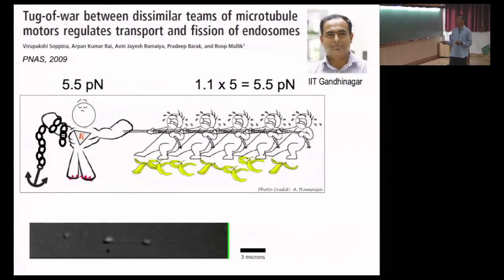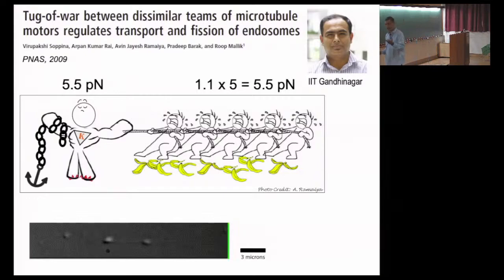Following on, and taking some inspiration from your work, what we did is that we tried to address this issue in a more experimental fashion. This is when I had started my lab and I didn't know what to do, honestly, and we stumbled upon a system which was very nice, and we took it further. What we did is that we took Dictyostelium cells.